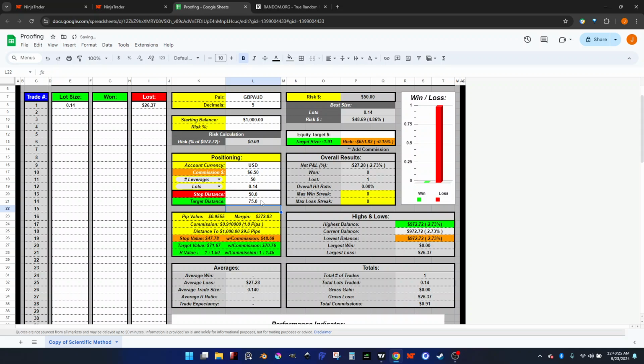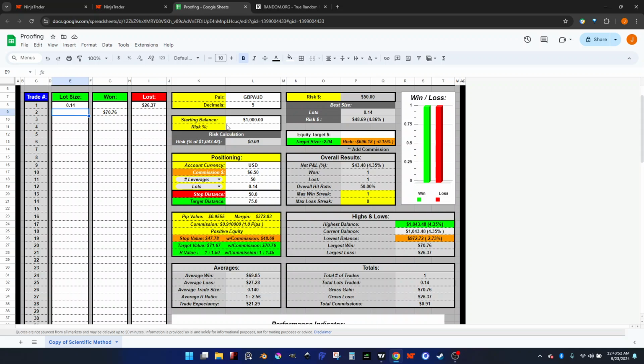We'll use that one to determine our win or loss. Actually, no, it won't. It won't count commissions the right way. So 48.69 is what we won. Target value with commission was 70.76. Okay, so now we have a 50-50, but we won way more than what we lost so far.